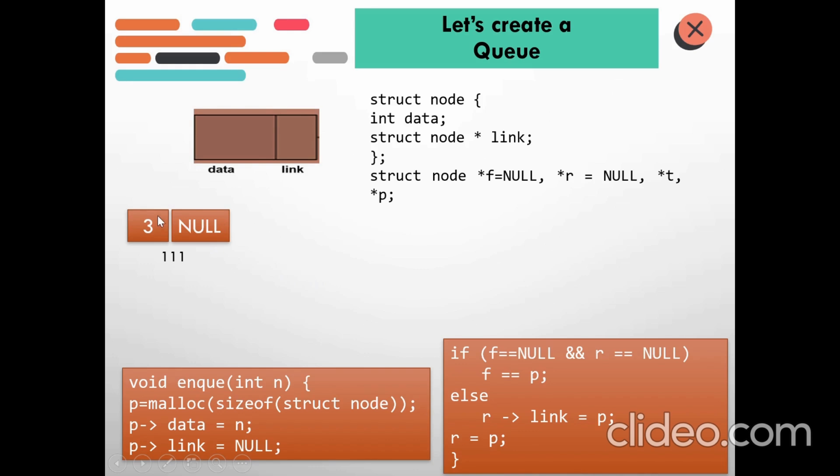So this first node would always represent a special case wherein both front and rear would be pointing to the same node or the same value. So leave this else for the moment, go to this.